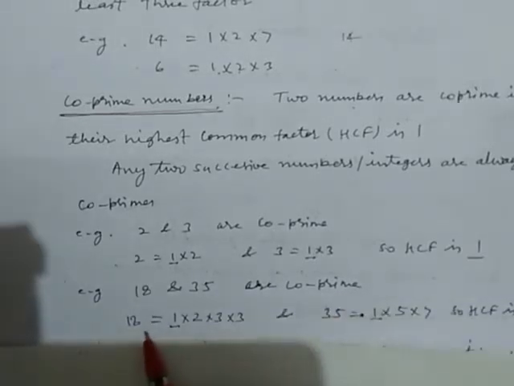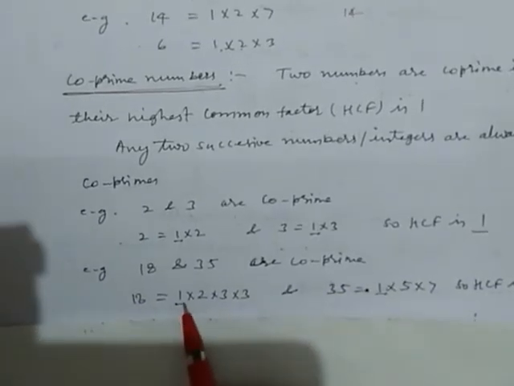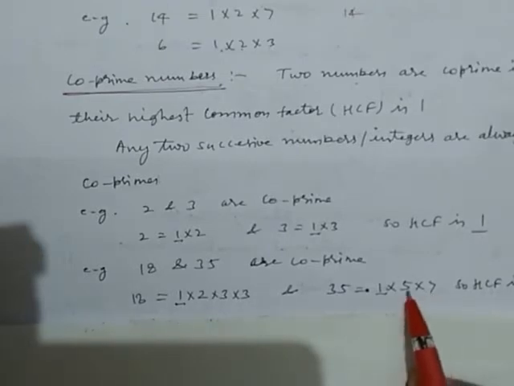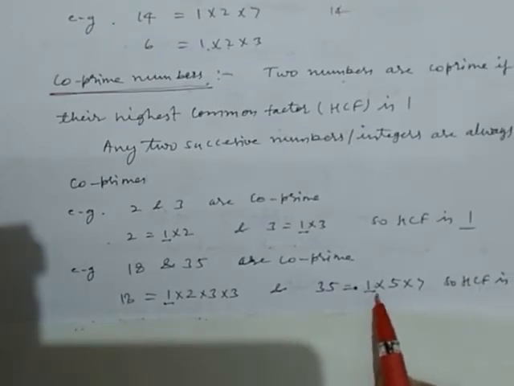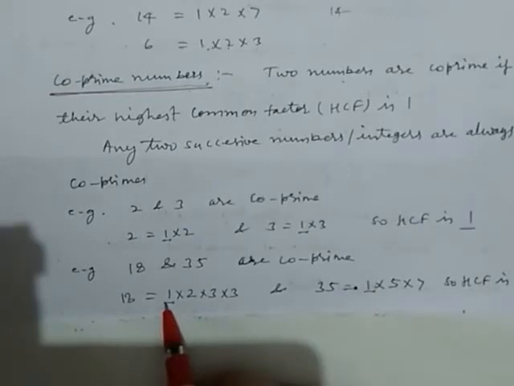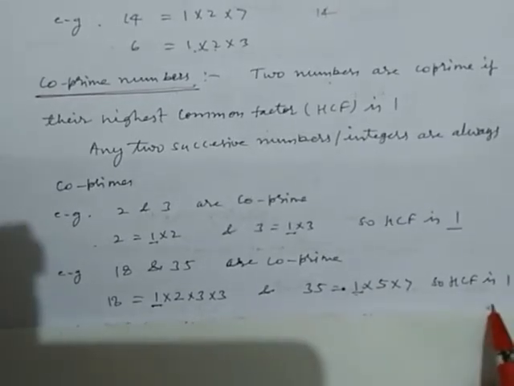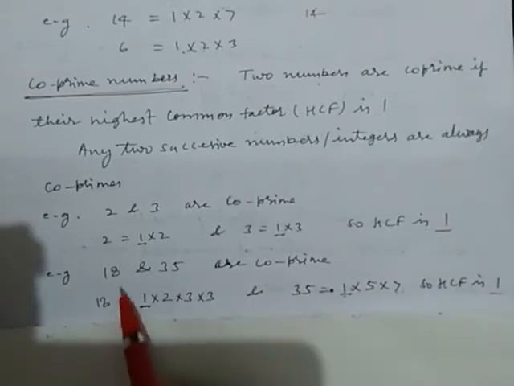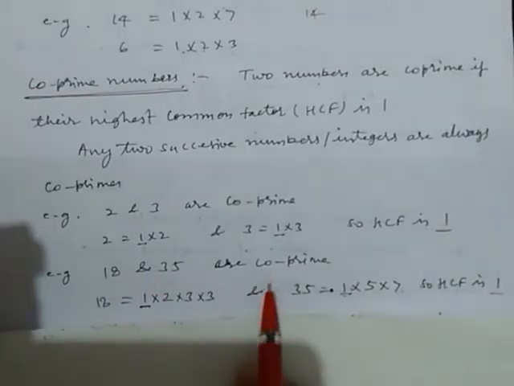Factors of 18: 1 into 2 into 3 into 3; 3 3s are 9, 2 nines are 18, into 1, 18. 35: 1 into 5 into 7; 7 fives are 35, into 1, 35. So here the common factor is only 1. So HCF is 1. That's why 18 and 35 are co-prime.